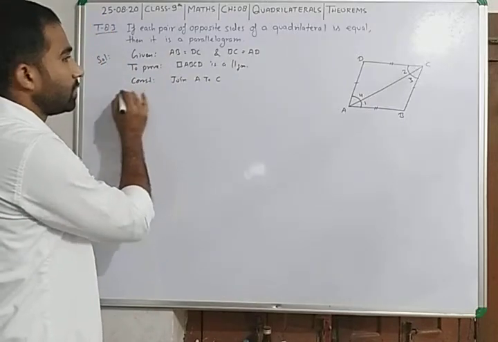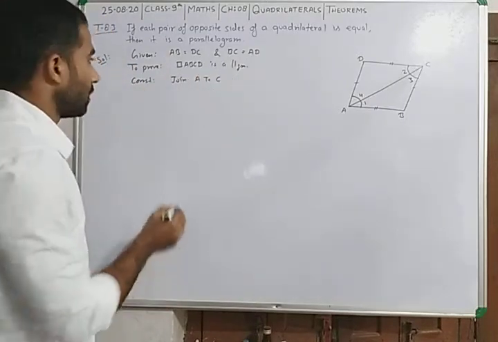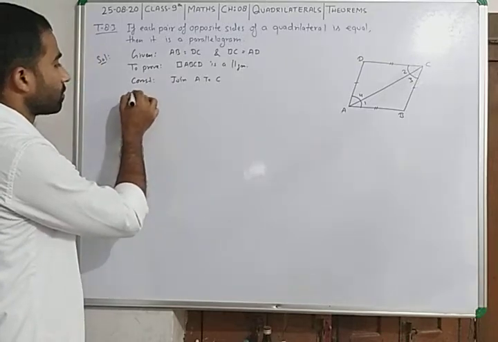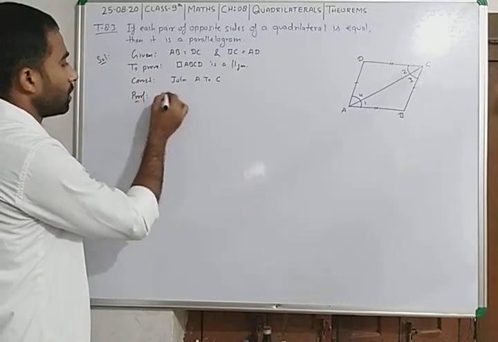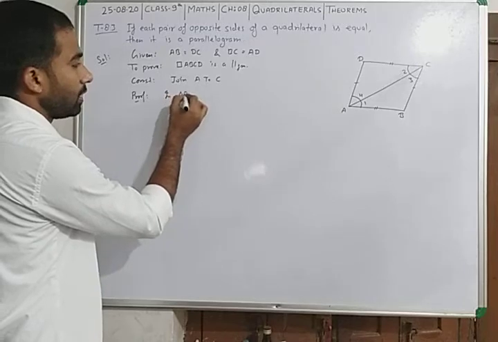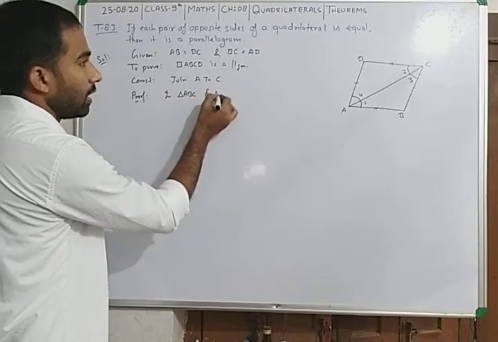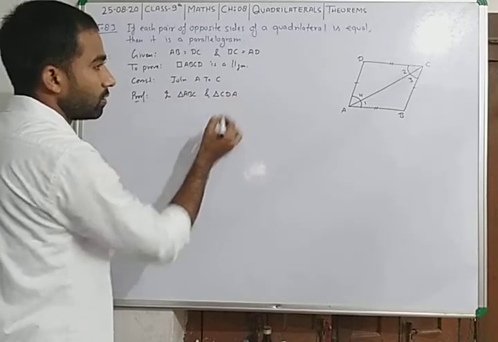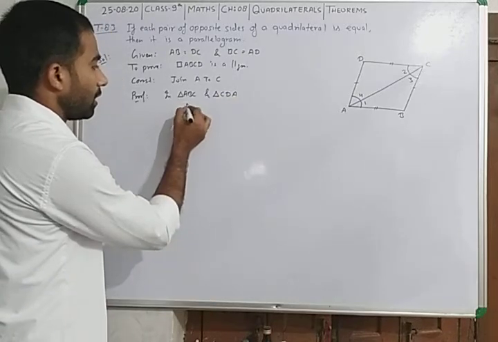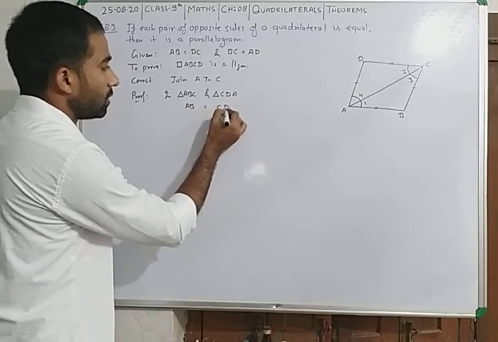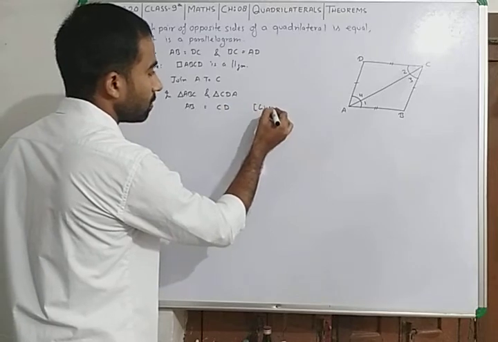Now, consider the two triangles in correct order. In triangle ABC and triangle CDA, AB is equal to CD, given.